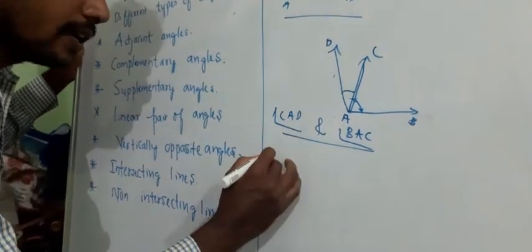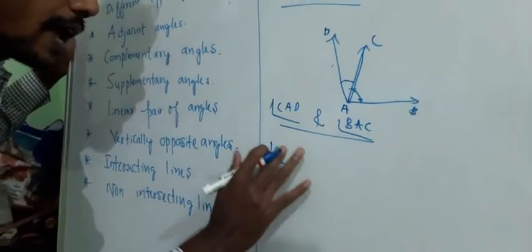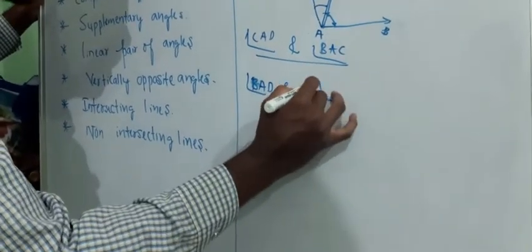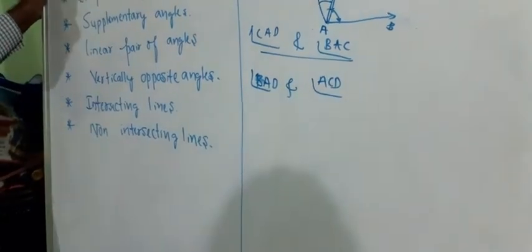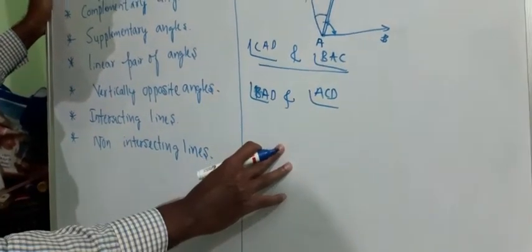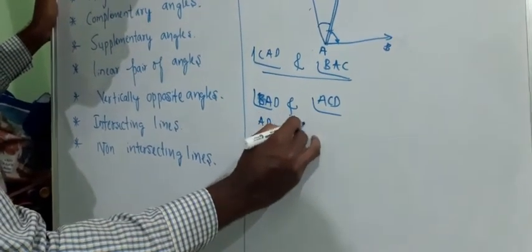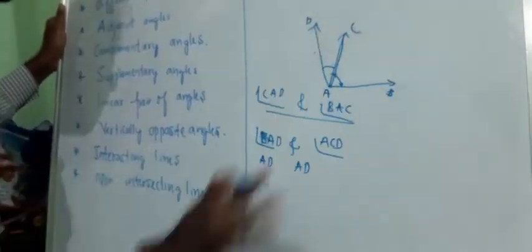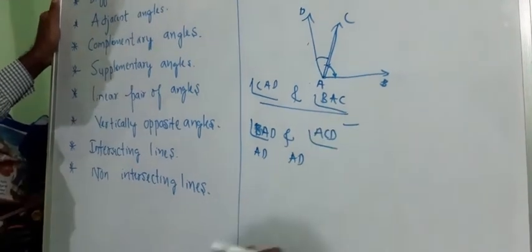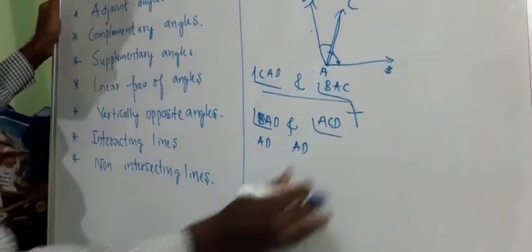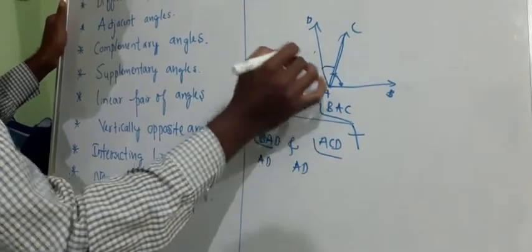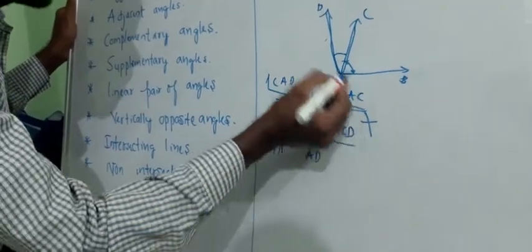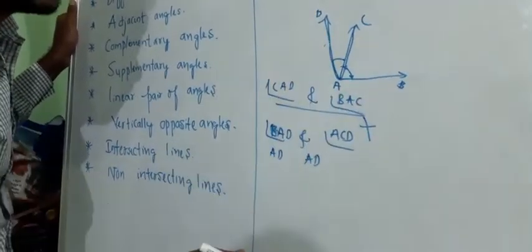If I take angle BAD and angle CAD, are they adjacent? So what is common here? Arm AD is common in both cases. Are these adjacent angles? No, because our condition was there should exist one common arm, and the non-common arms should lie on either side of the common arm.